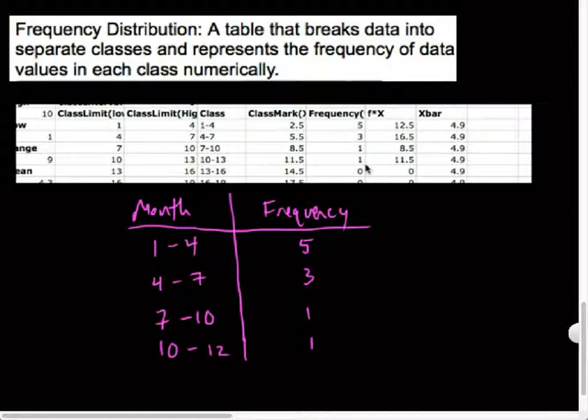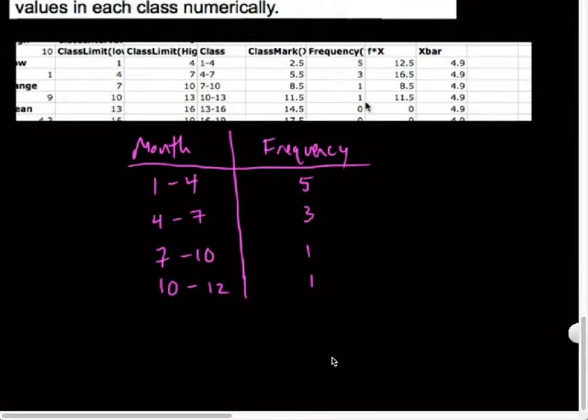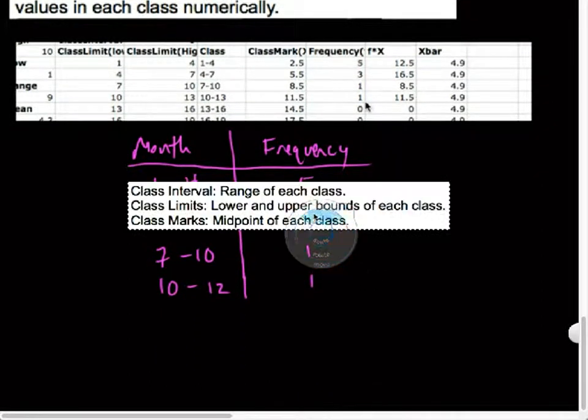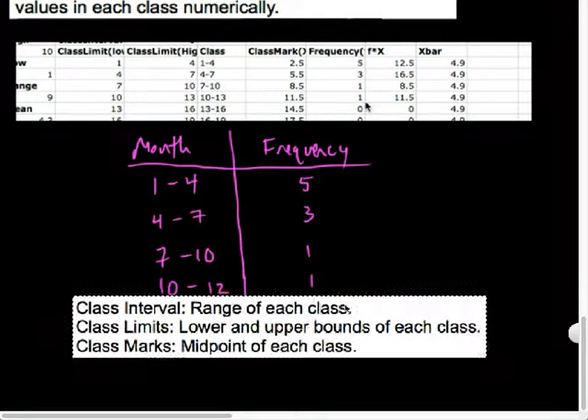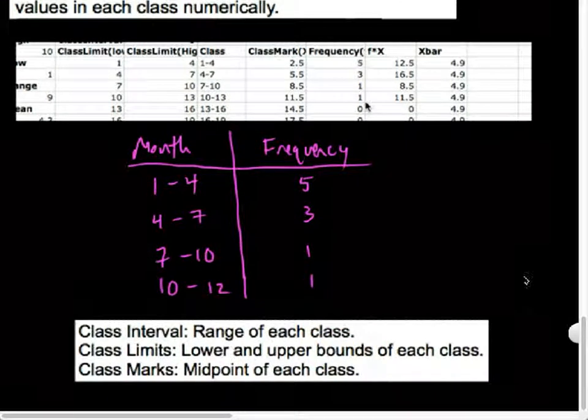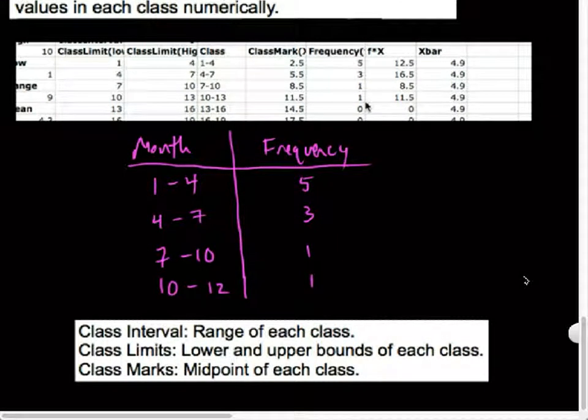And it's good for us to know some language regarding these classes. So I'm going to put some little vocabulario for us to be aware of. So the class interval is the range of each class. Do you guys know what I mean when I say range?